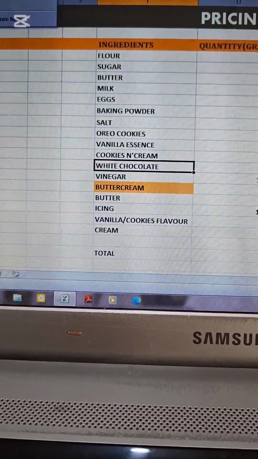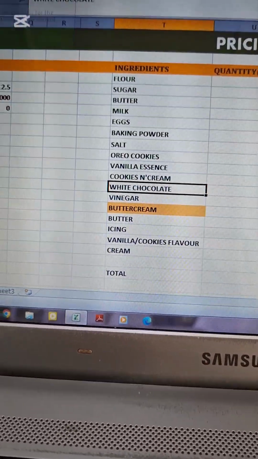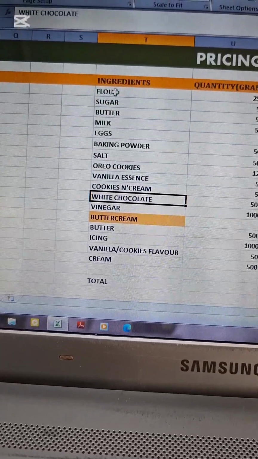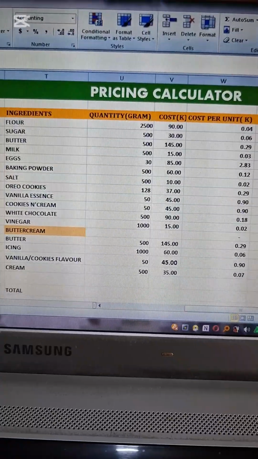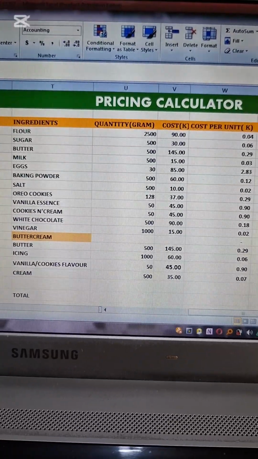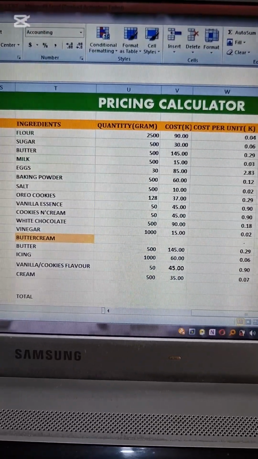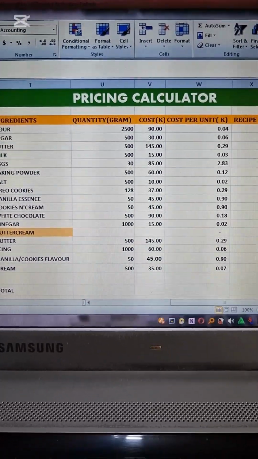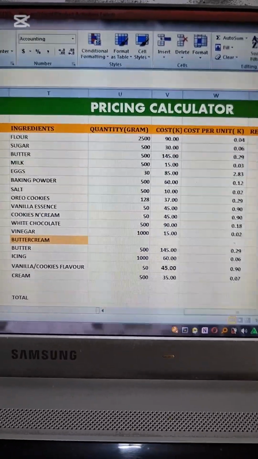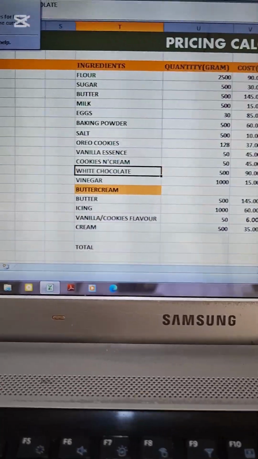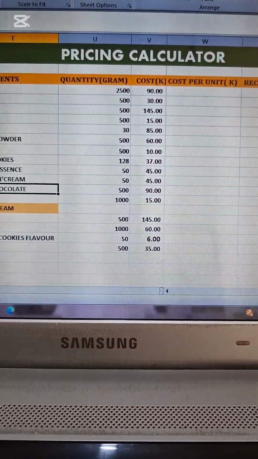This pricing is for my 7 inch, 3 layer Oreo cake, and I filled the cake with Oreo buttercream. The first thing that I do is write down all the ingredients that I'll be using for a particular recipe, and I write down how much I might use of that ingredient. I also determine the price per unit, usually by the price at the store.